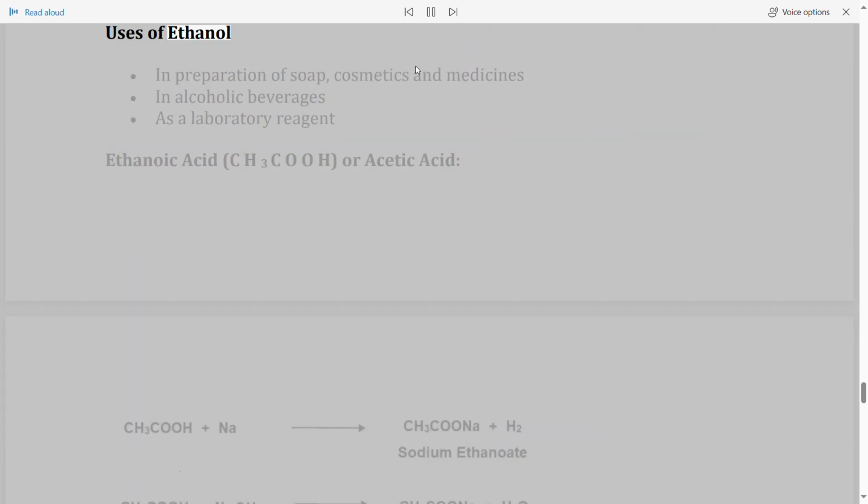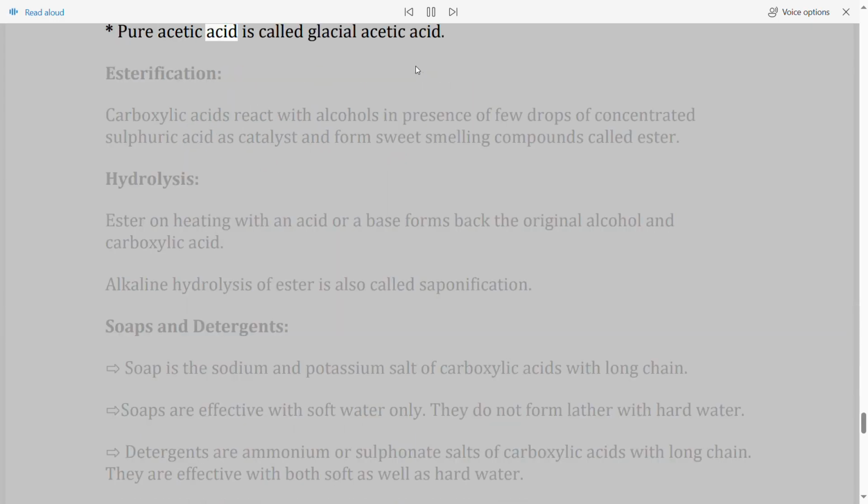Uses of ethanol: in preparation of soap, cosmetics and medicines; in alcoholic beverages; as a laboratory reagent. Ethanoic acid, CH3COOH, or acetic acid. Pure acetic acid is called glacial acetic acid. Esterification.